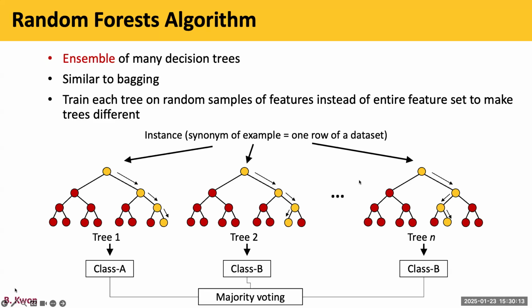You split the training data for each tree, and then after training, you let them generate the output, and after collecting all the outputs, you take the average, or you select the majority output, and you take that as the final answer. So this is the basic concept of the random forest.